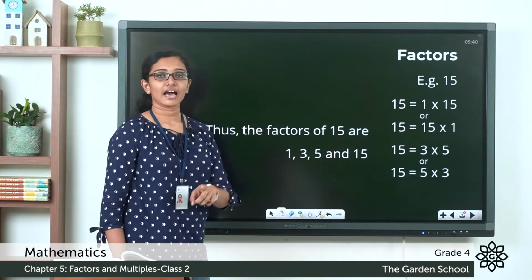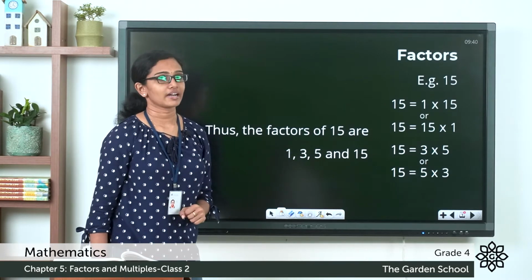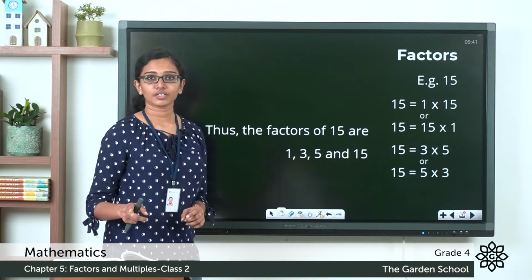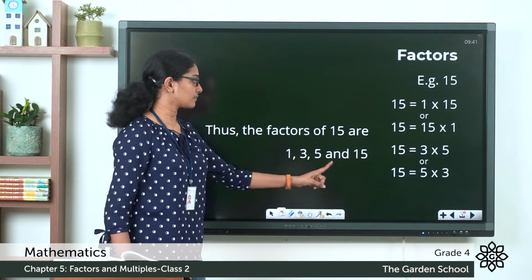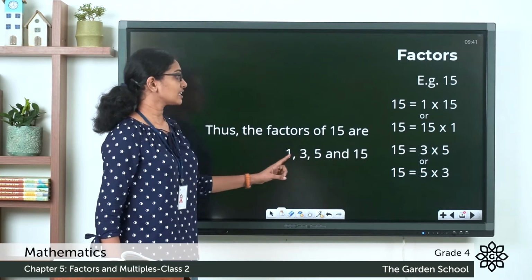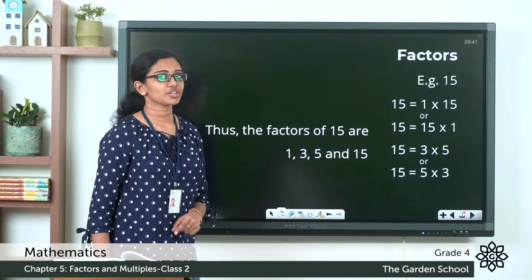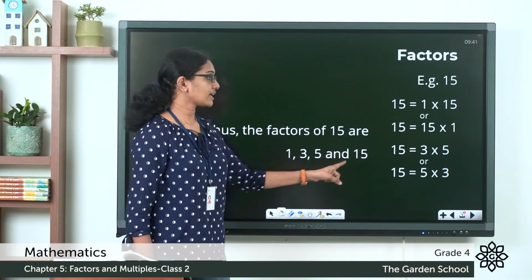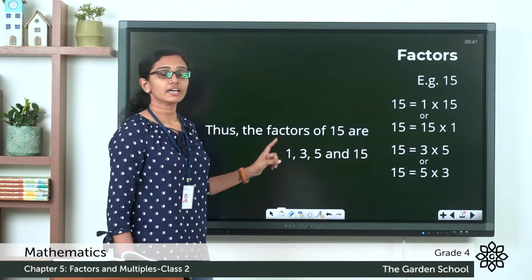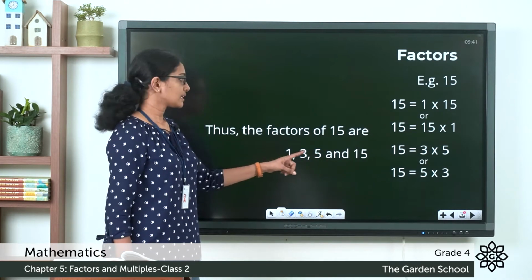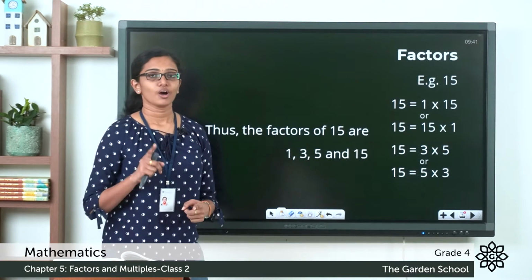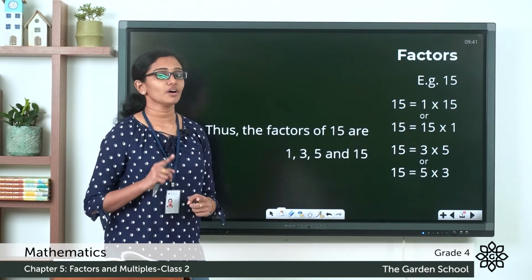All the numbers have the number itself as one factor, and all the other factors will be the numbers between 1 and the number itself. And see here, these are the only numbers which can be multiplied together to get the number 15. Are there any more numbers which can give us 15? No, right? So we can say the number of factors of a number are limited or finite.